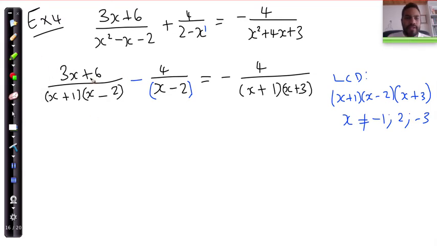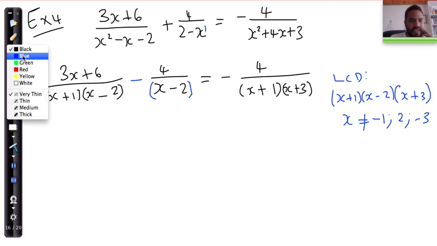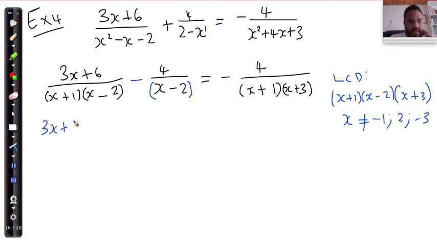Now let's see what this is going to look like. When I multiply each of these terms by the LCD, I can write down the numerator first, which is clearly 3x plus 6. When I multiply, x plus 1 and x minus 2 cancel out, and I'm left with x plus 3.